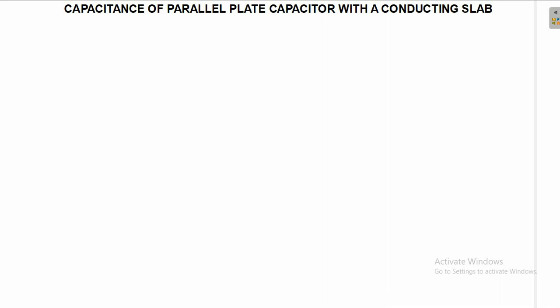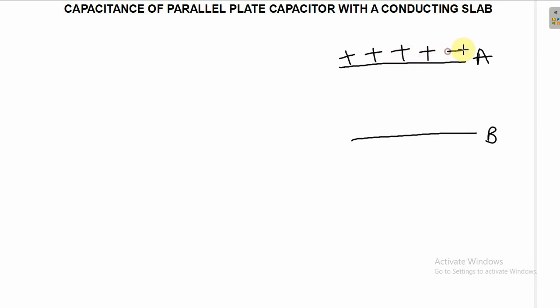So we have two plates of a capacitor. The first one is plate A and the other plate is B. Let us suppose the charge on plate A is positive. Similarly, the charge on plate B is negative.